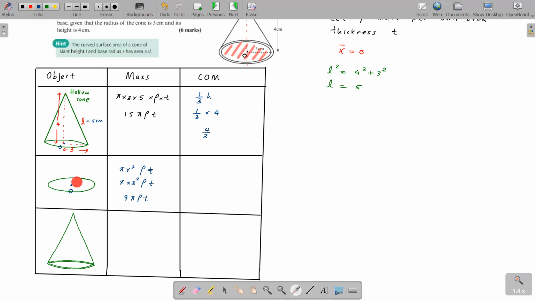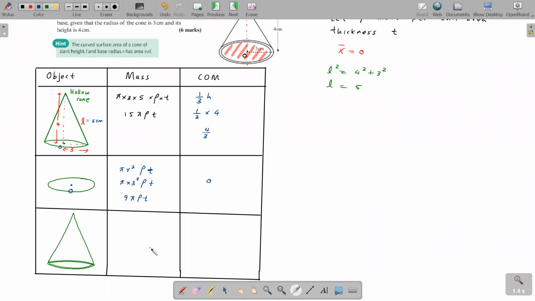Is there a height that you need to go for to take the center of mass of this circular lid? No, right? I think you can clearly see that the height from O to the middle of the circle is directly 0, because the center of mass of the circle is directly on top of O. So that's 0. Right, guys? Can you see it? Okay.